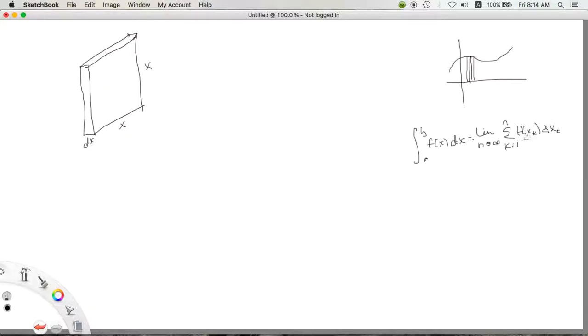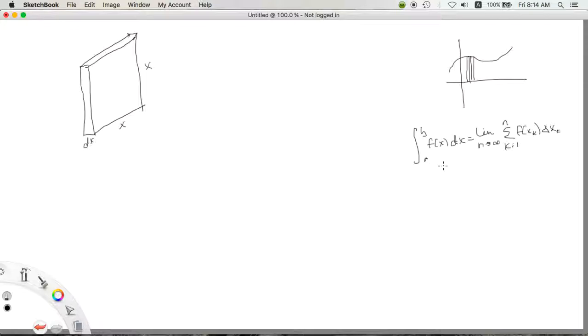So we added up the area of all these little rectangles, length times width, as we got more and more rectangles, or as our delta x got smaller and smaller. And what we found was that limit was an integral, and we could use antiderivatives to find that.